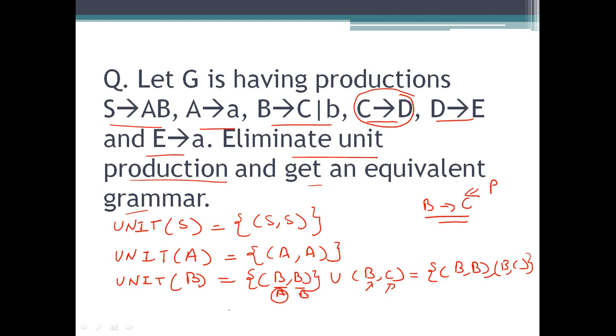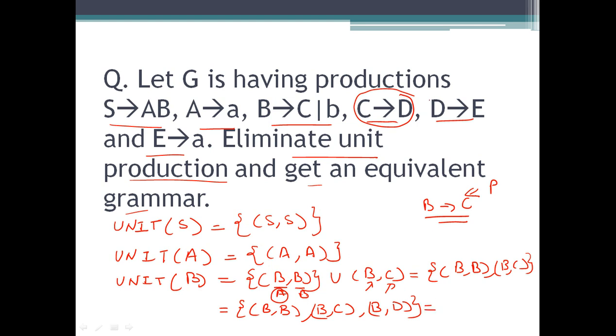So again you have to add B, D for unit of B. So you have B, B, B, C and B, D.